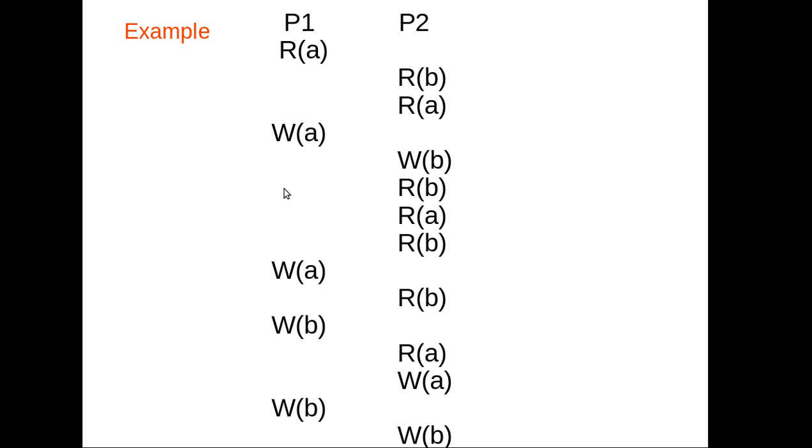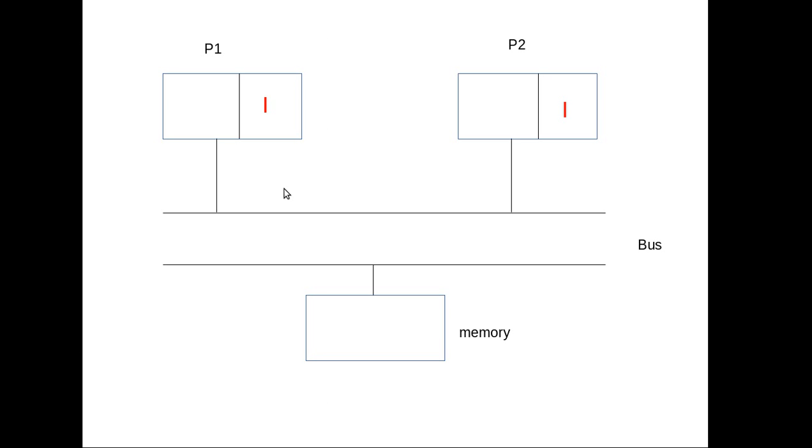Here is the example, and initially let us assume that we have two processes P1 and P2. Each process has a single cache line. It means that each process has only one cache line, and each cache line is in invalid state.